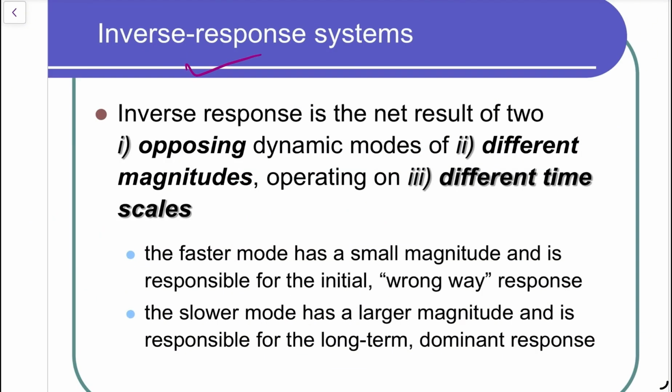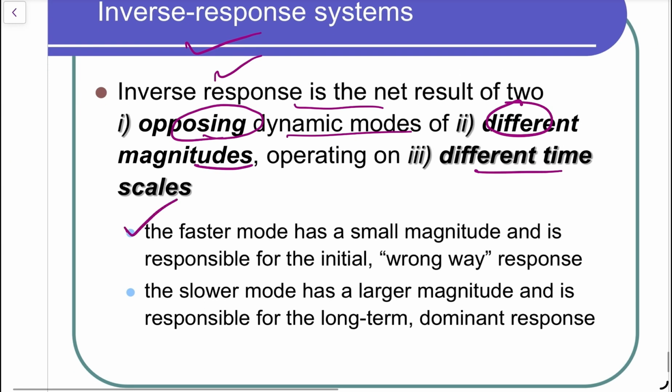Okay, let us now understand the basic concept of inverse systems. This is what happens because the total response is actually a combination of two dynamic modes acting together. These two modes have opposite effects, different magnitudes and different speeds. The first mode is usually the fast mode with smaller magnitude.